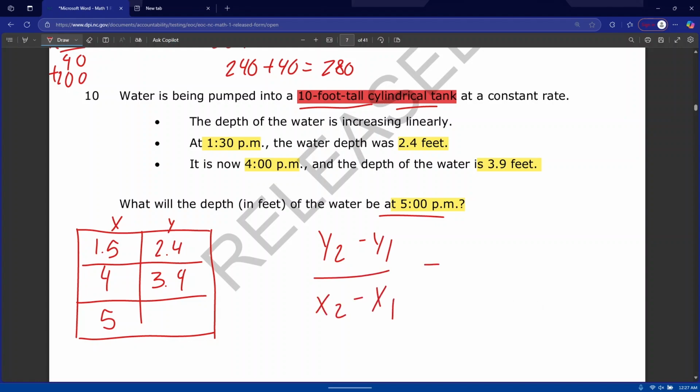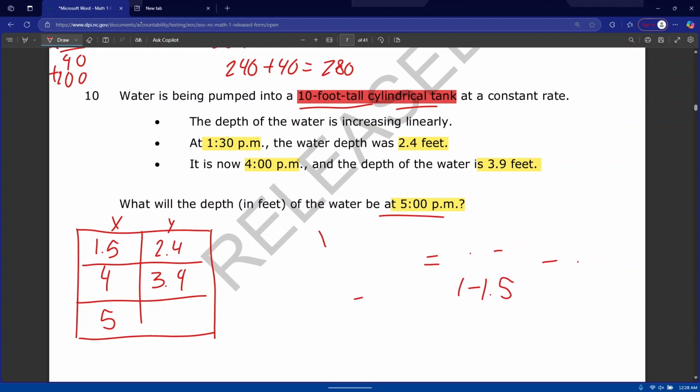Okay, and this is 3.9 minus 2.4 divided by 4 minus 1.5. And this equals out to be 0.6. So this is our slope. 0.6 is our slope.